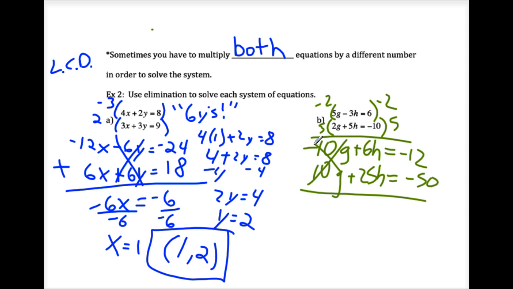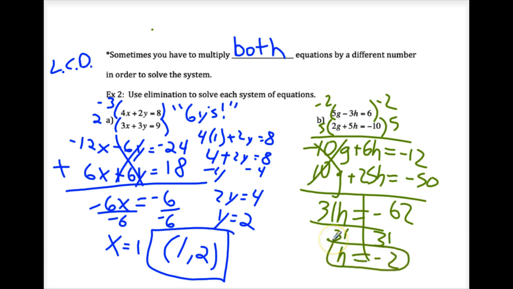So then you get 31H equals -62. How convenient. Divide by 31. You get H equals -2.